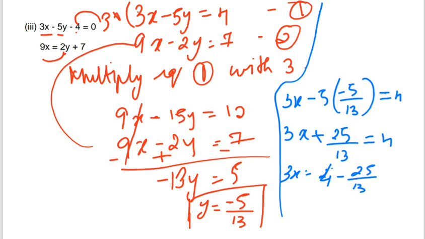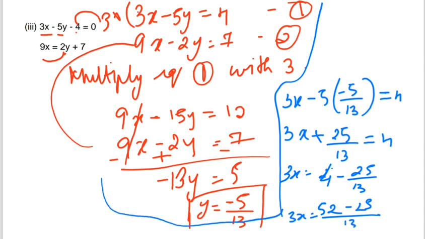Okay. So taking LCM, it changes to 13 into 4, 52 minus 25 by 13. 3x is equal to, I am extending this. Okay. So 52 minus 25 is 27 by 13. So 3x is equal to 27 by 13.